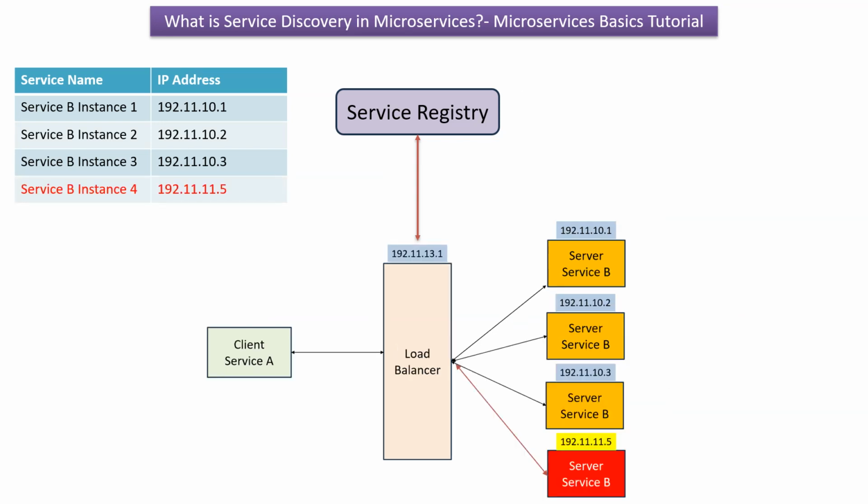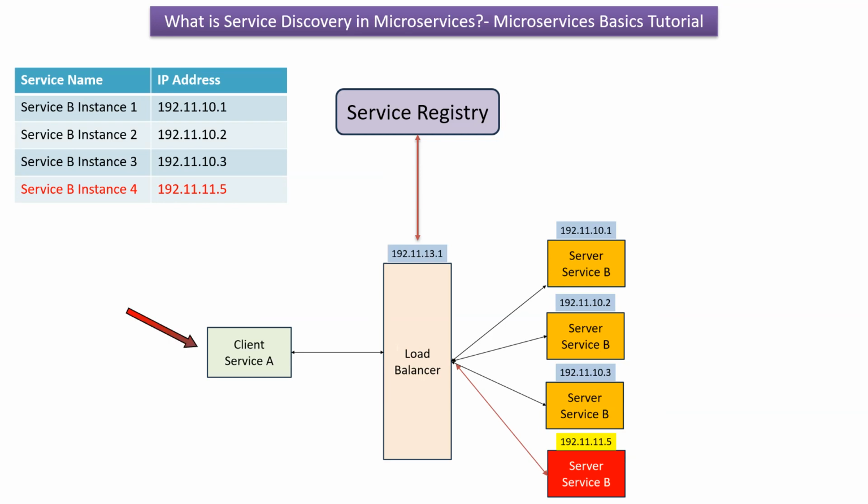Suppose there is more load on service B; then one more instance will be added, that is service B instance 4. The service B instance 4 will register its IP address in the service registry.